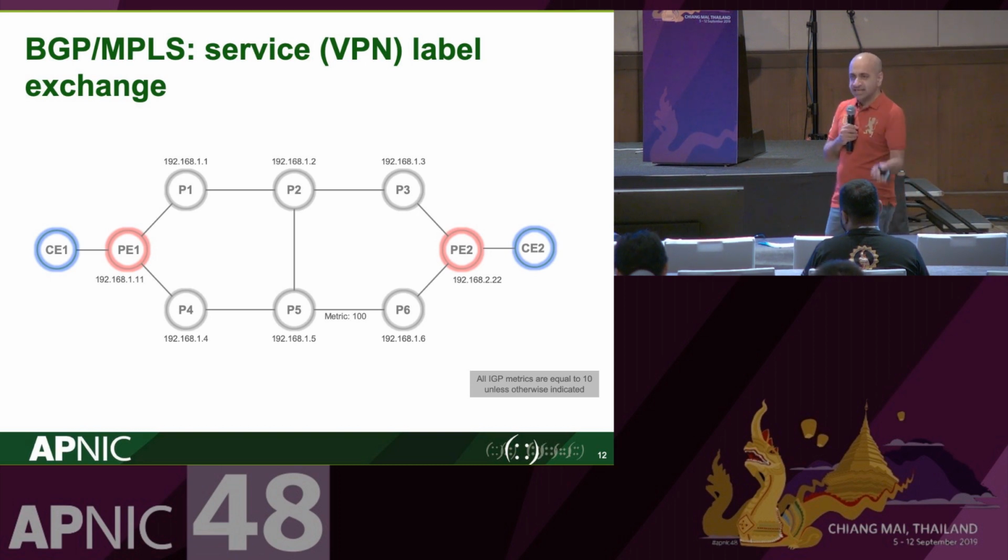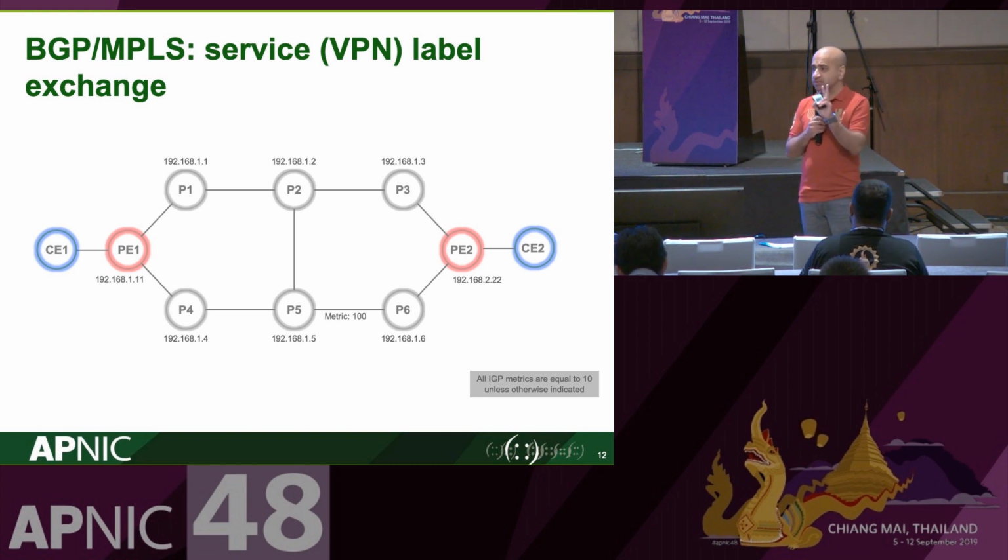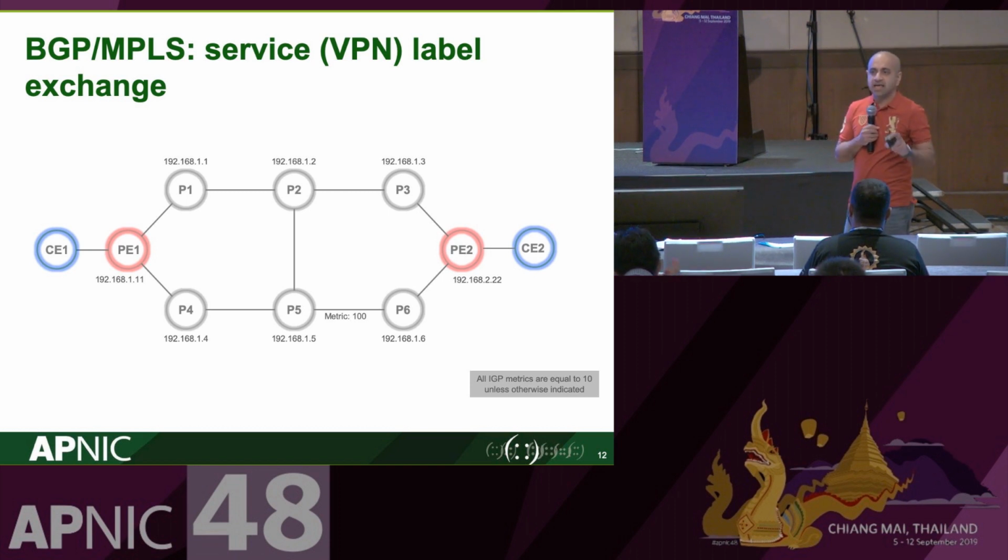And label stacking is used for many things. One of them is when you're actually carrying a VPN packet. If you have a VPN packet, then you need 2 labels as a minimum. One label that gets you to the destination node, and the other label that tells you what to do once you got to the destination. That is called a VPN label.